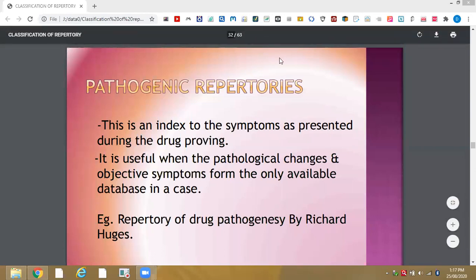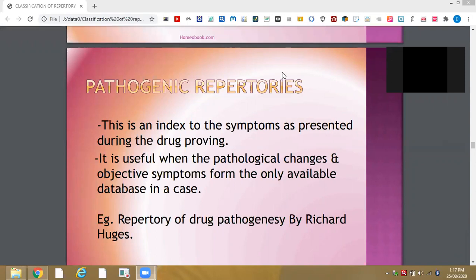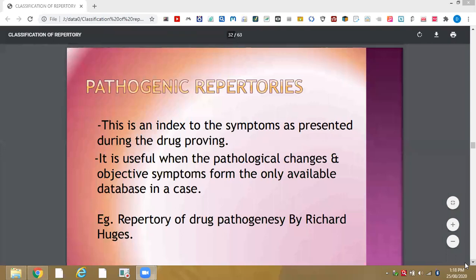The example of this type of repertory is the Repertory of Drug Pathogenesis by Richard Hughes.